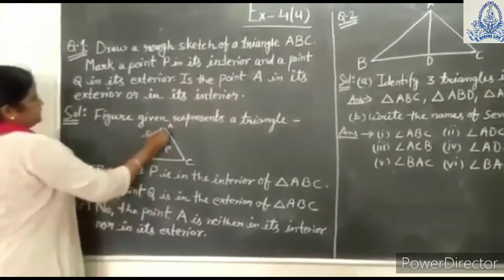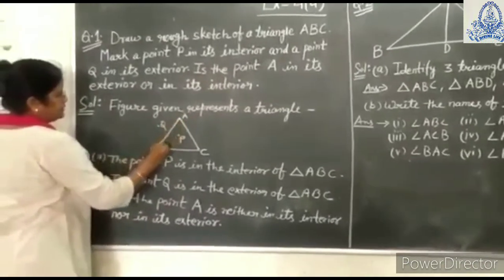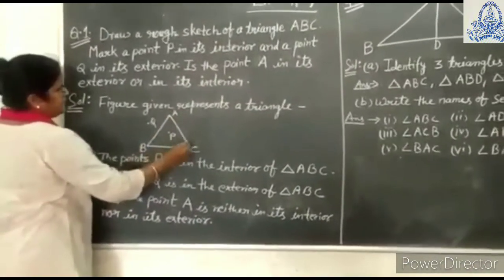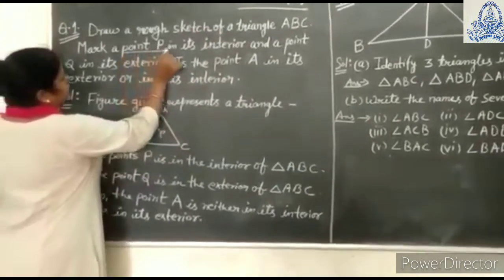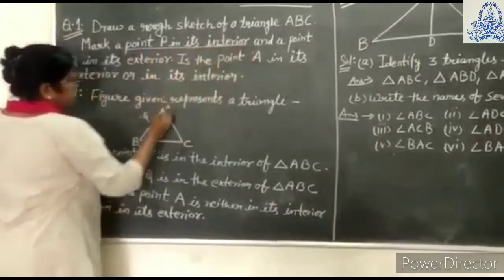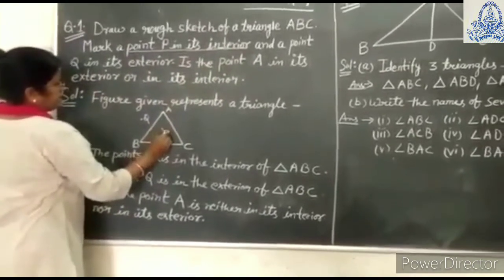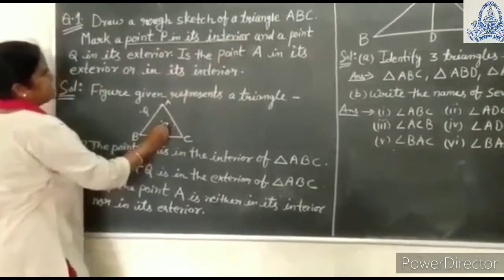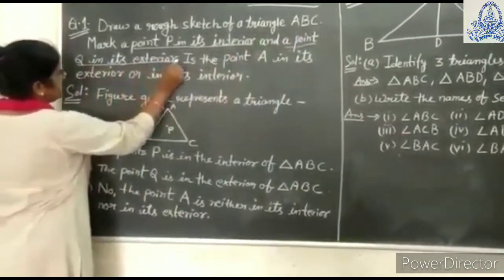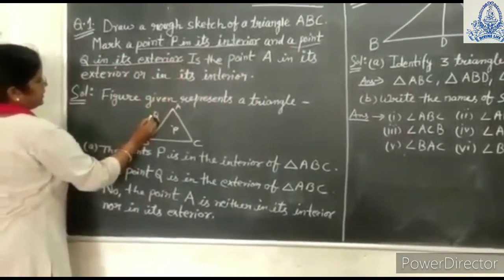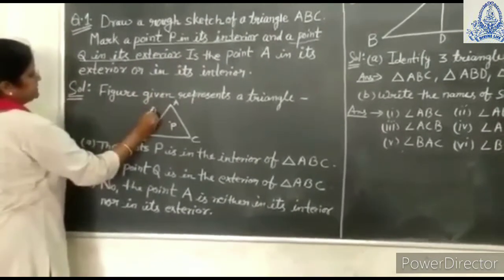Now see here, this one is the figure of triangle ABC. According to the question, point P is in its interior and the point Q in its exterior. Now see, point Q is in the exterior.